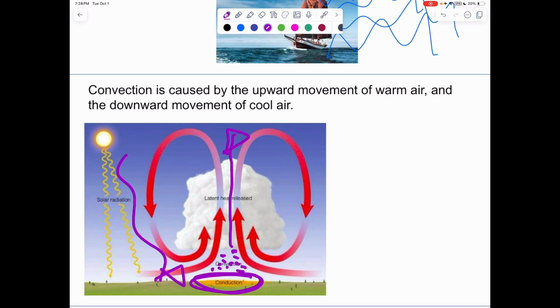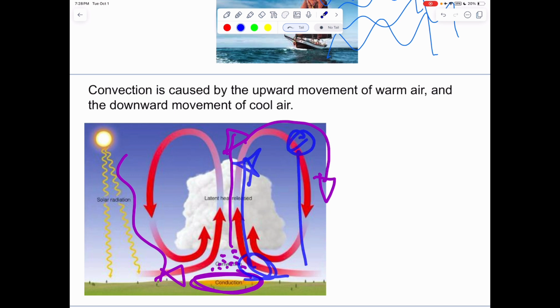Then it's going to reach the top, cool down, become denser and drop to the bottom. So, a very important thing for us to remember is that hot air goes up, cool air comes back down.